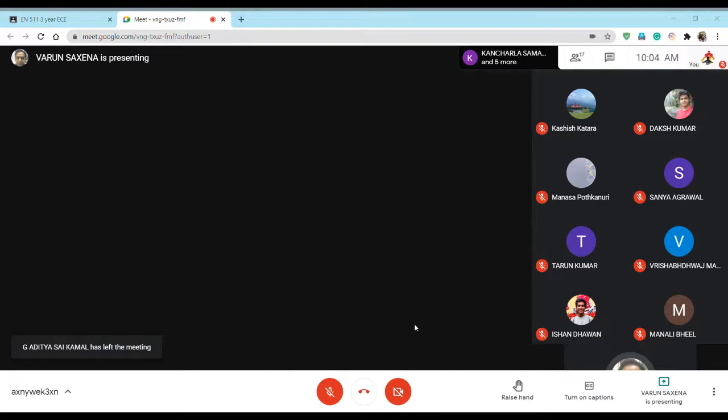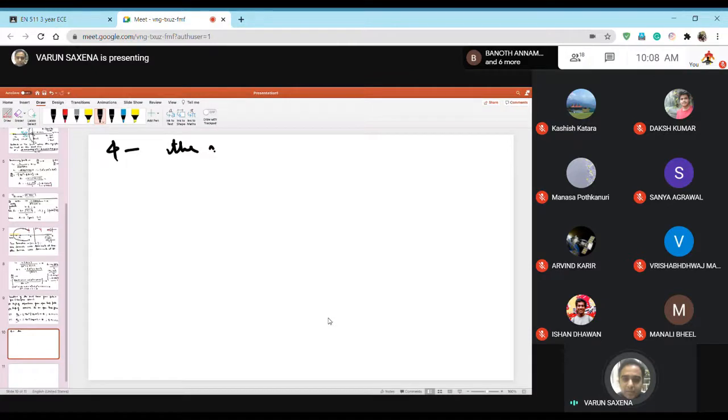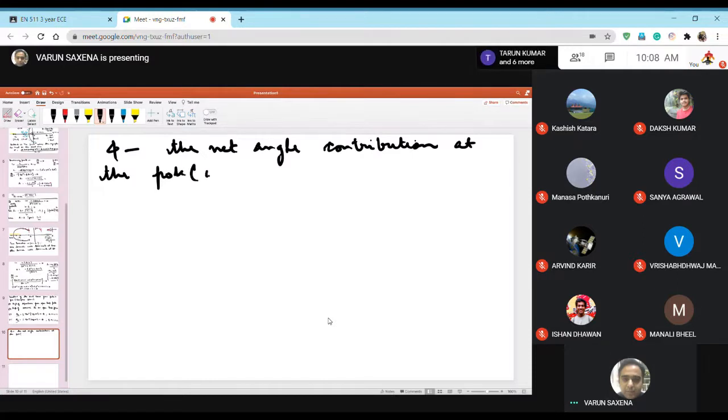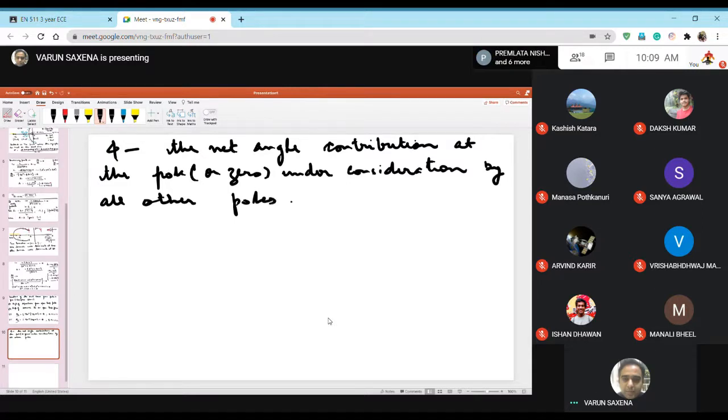So phi in both the equations is the same thing, and it means the net angle contribution at the pole or zero under consideration by all other poles and zeros.